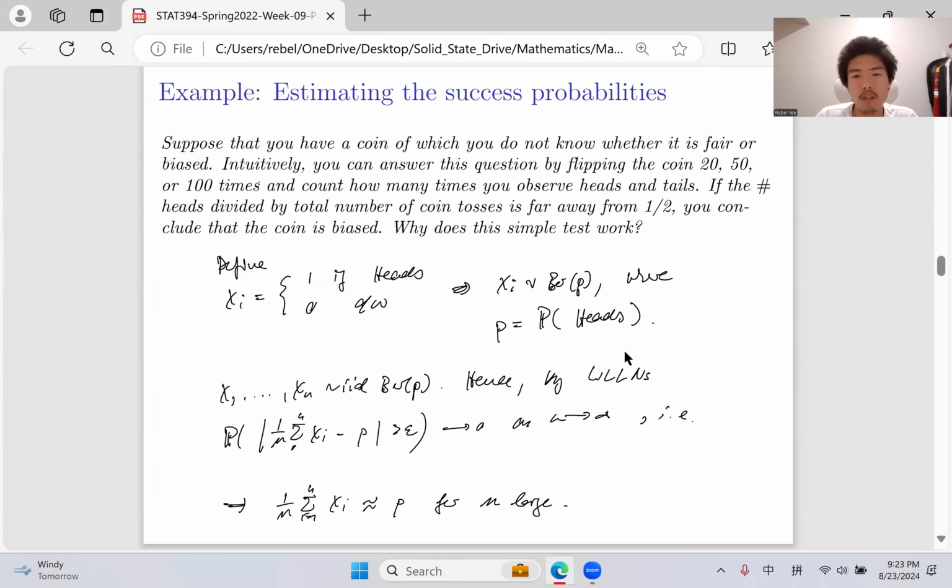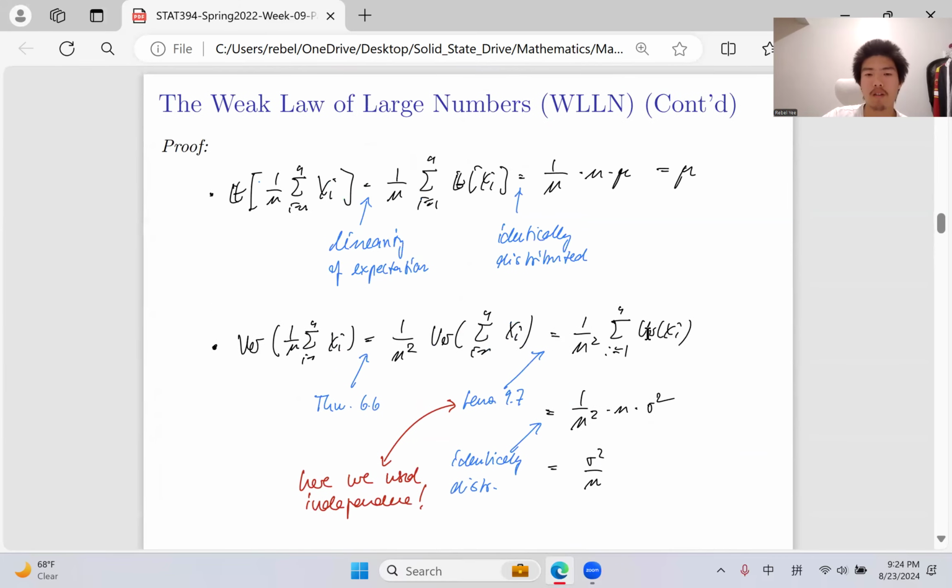You can answer the question by flipping the coin many, many times, 20 times, 50 times, or 100 times, and count how many times you observe a head instead of a tail. If the number of heads divided by the total number of coin tosses is far away from 1/2, or 0.5, this can be concluded as a bias, because maybe the expected value is not 1/2. Why this works is based on the weak law of large numbers.